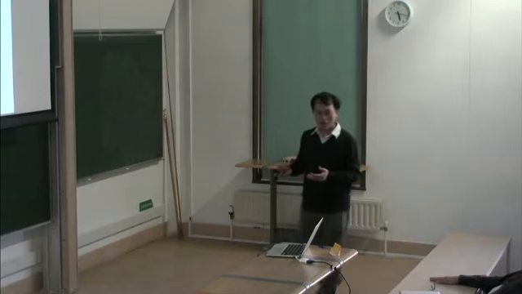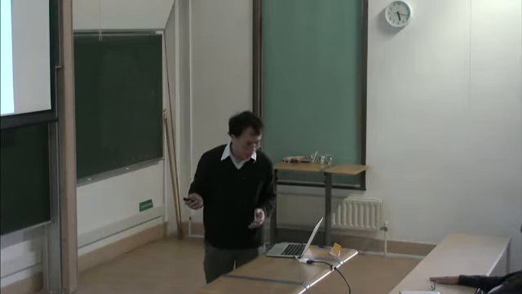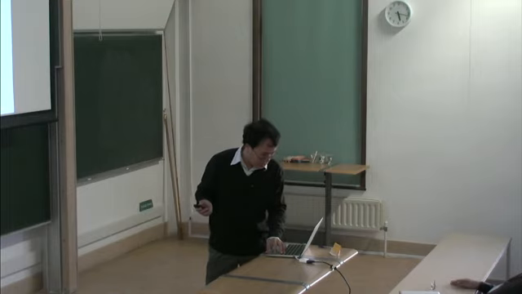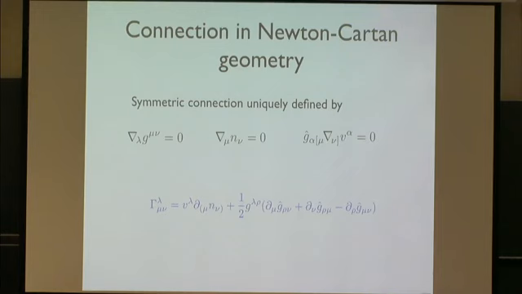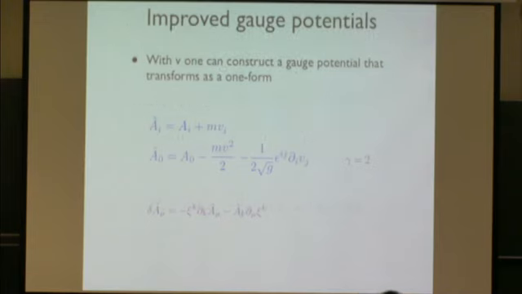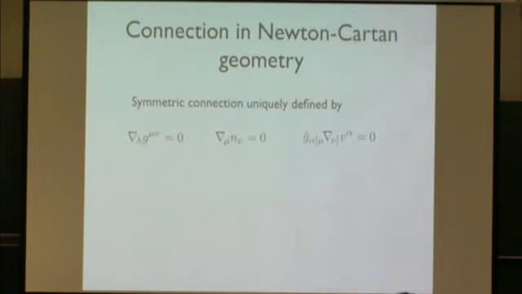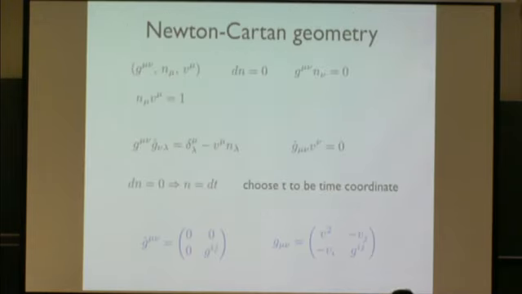Because I'm running short of time, I will only tell you that this Newton-Cartan geometry allows us to define a natural connection in space that satisfies all the properties that a connection has to satisfy, even when the metric is degenerate. So these things are functions of time? These are all functions of time and functions of space. Yeah.